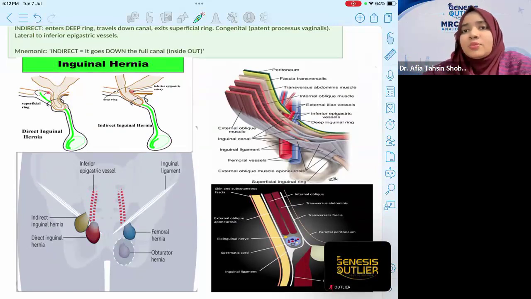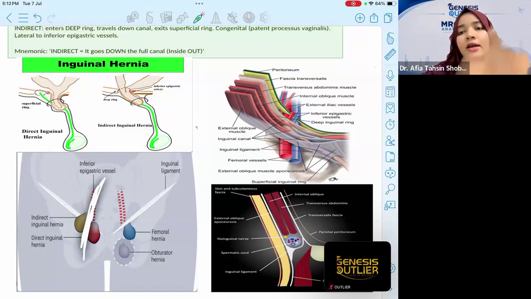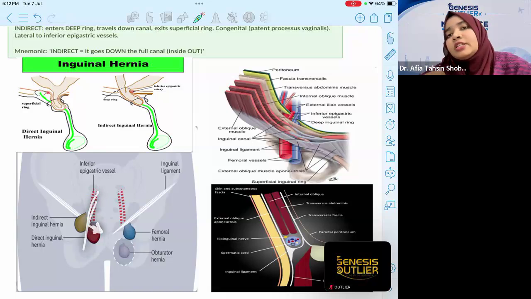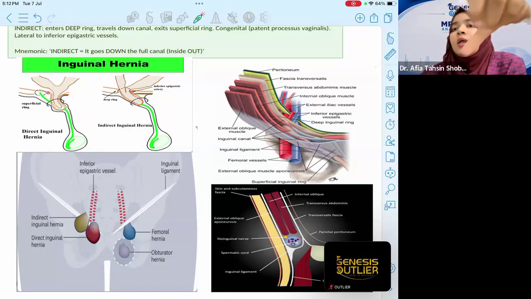And in case of direct hernia, if suppose it is here, inferior epigastric vessels are situated, so it will be medial to the inferior epigastric vessels. These two distinguishing points are very important, both for the theoretical portion and for our clinical examination.